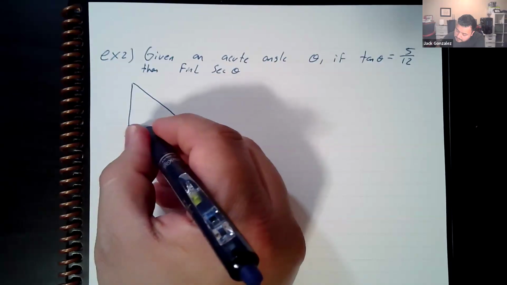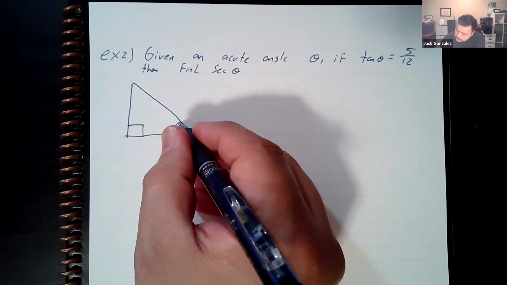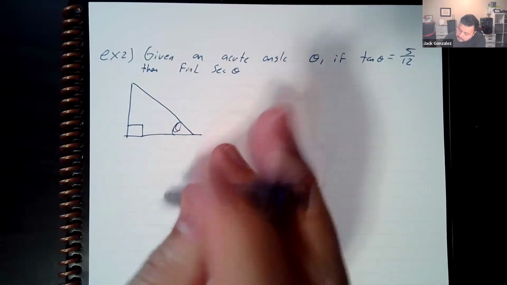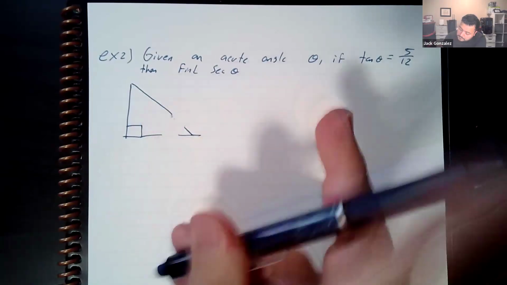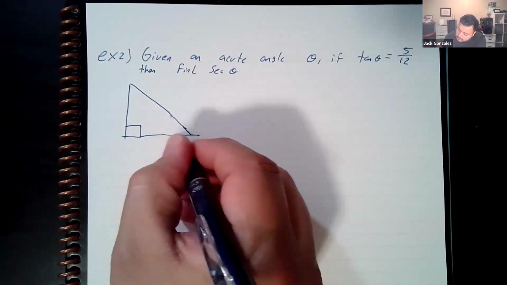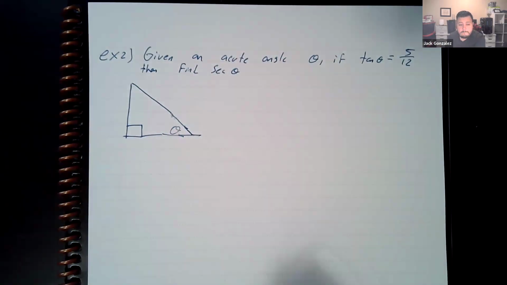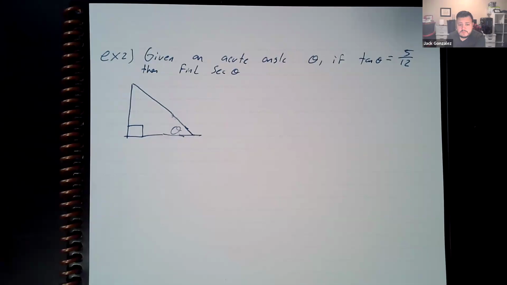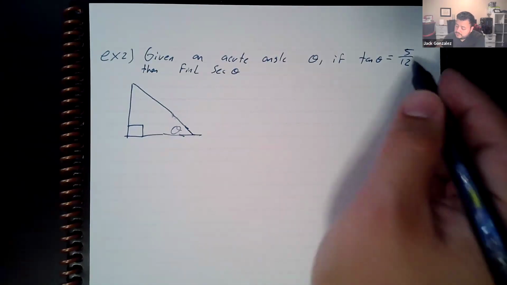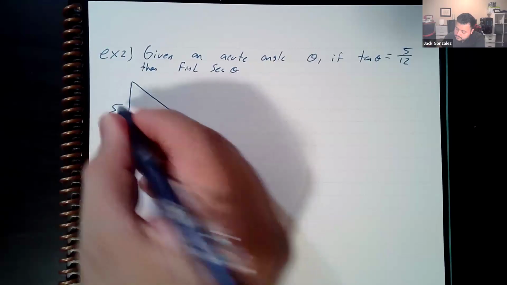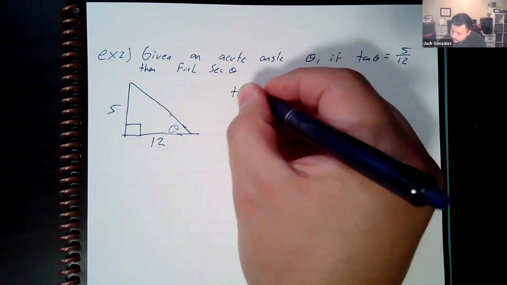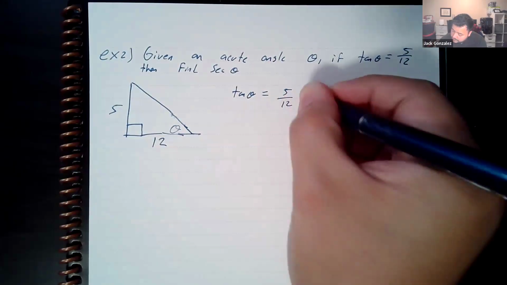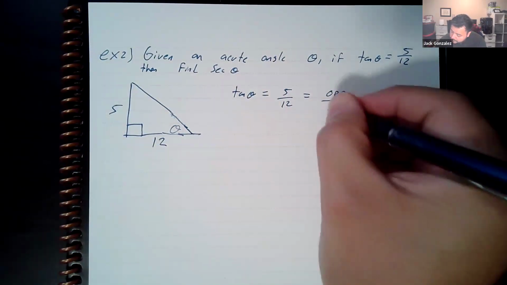To make it obvious this time, so there's theta. So opposite over adjacent is our tangent, right? So that's where they go. Because we know tan is 5 over 12, which is going to be opposite over adjacent.